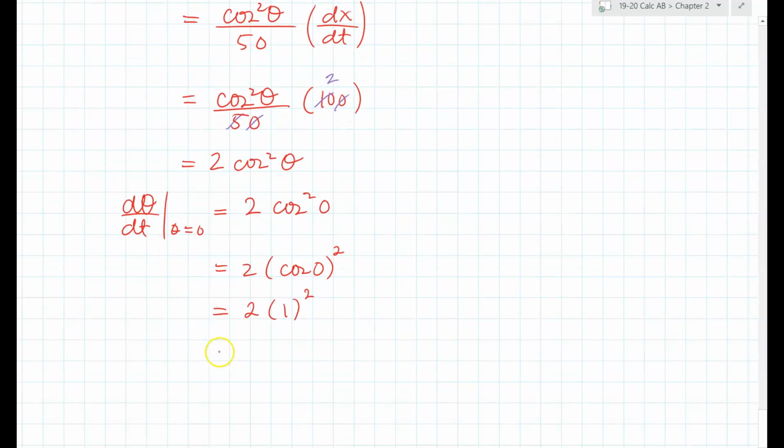So this would be 2. Now, the measurement of angles are in radians, and this was given to me in feet, 100 feet per second, so radians per second.